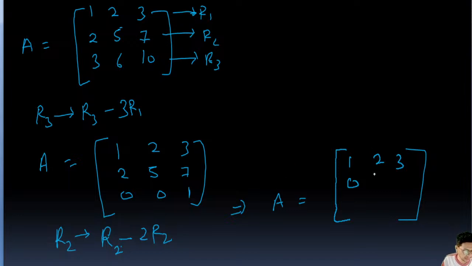So matrix A is going to be: first row as it is, R2 minus 2 R1, so this element is 0 and the next element is 1, because 5 minus 4 is 1, and this element is 1, then 0, 0, and 1.